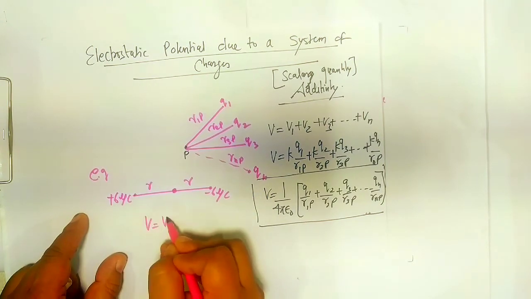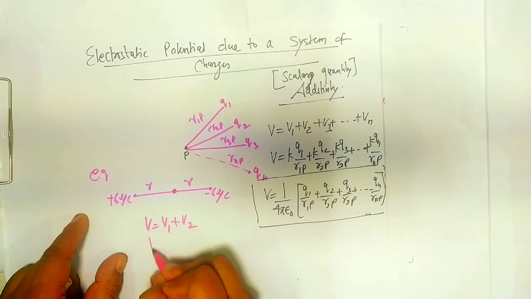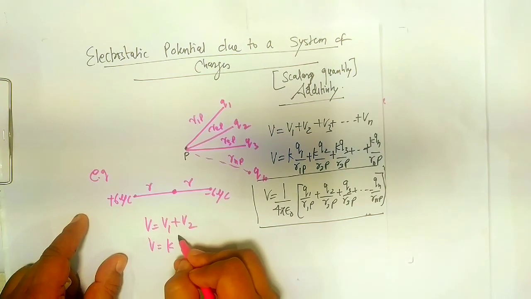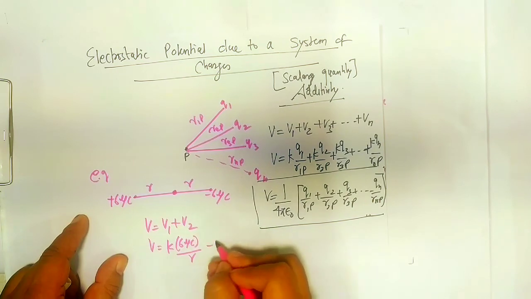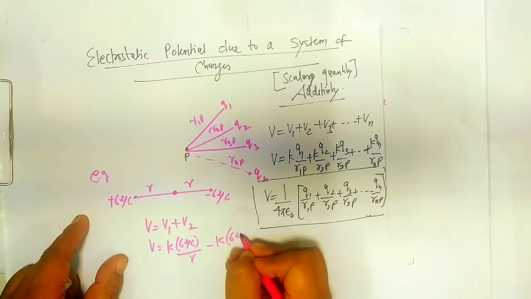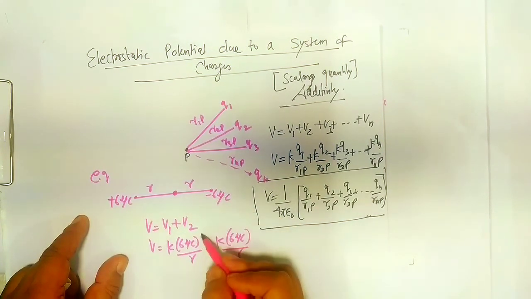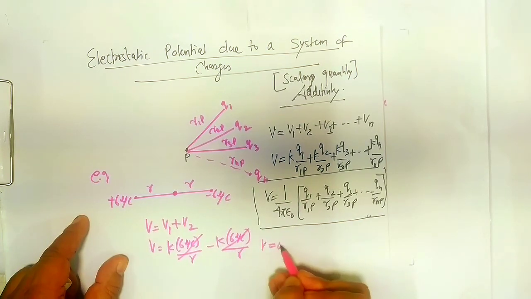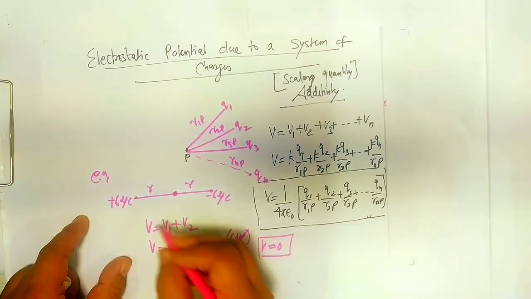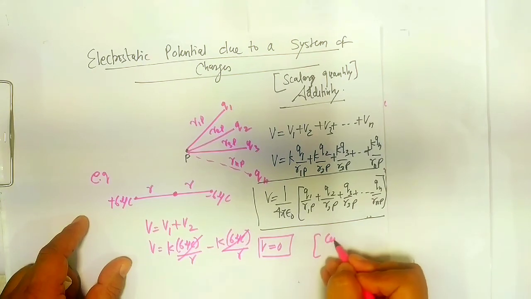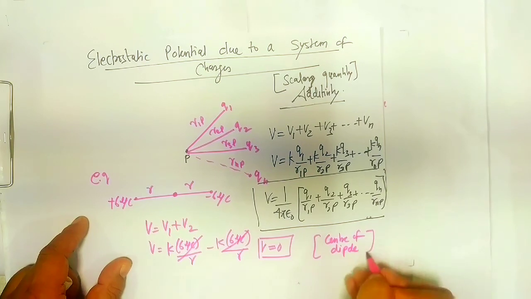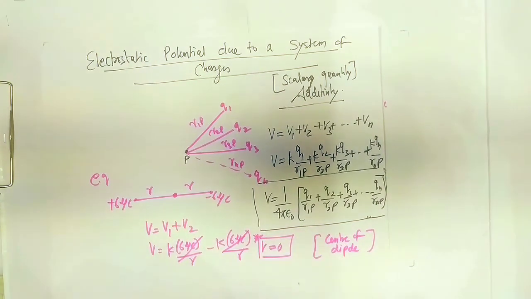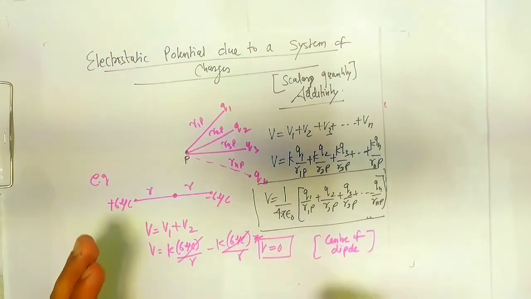It will be simply V1 plus V2, that is K times 6 microcoulomb by R and another, minus K times 6 microcoulomb by R, because it's a negative potential. So net potential is 0. At the center of a dipole, the net electrostatic potential is 0. It's a scalar quantity.